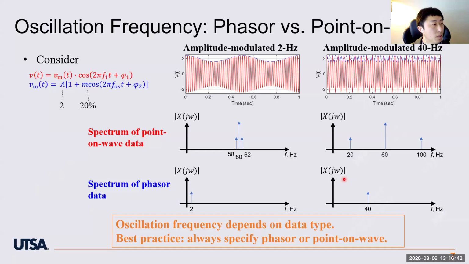On this slide, I'm trying to clarify the definition of oscillation frequency. I know everybody probably knows what oscillation frequency is, but sometimes it can be confusing because we have data from different sources. The physical voltage and current signals are 60 Hertz, right?